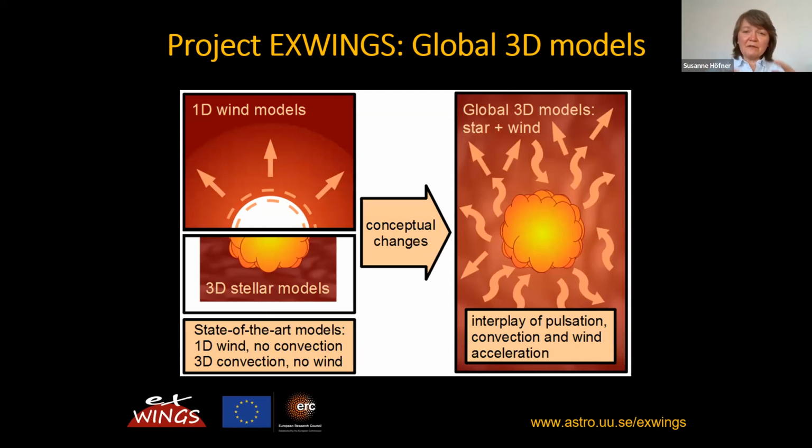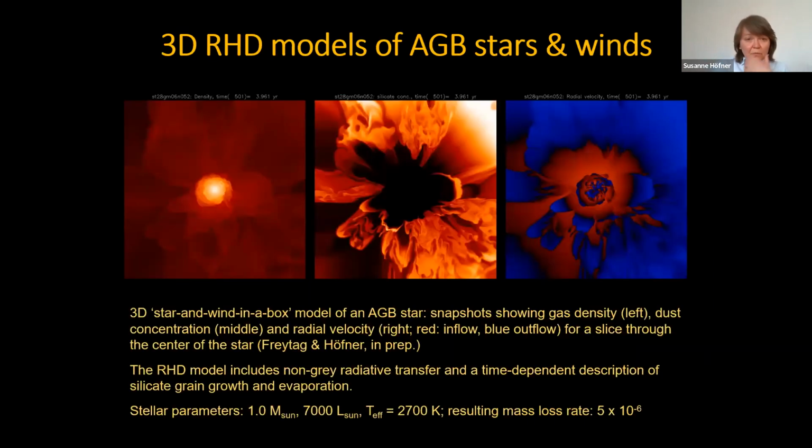So really from the stellar interior in full 3D out into the wind acceleration zone. And we can study the interplay of pulsation, convection, wind acceleration that way, and the emergence of structures in the atmosphere and wind. So without much further ado, I know that you're interested in structures and patterns and observable stuff.